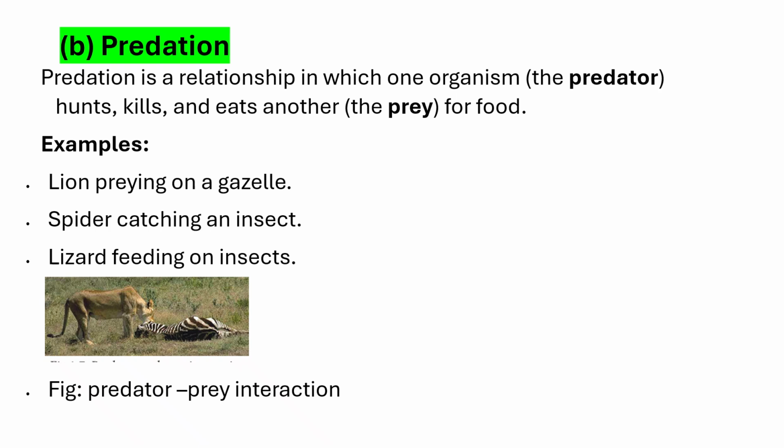For example, a lion killing a gazelle, or a spider catching an insect. The predator's food is the prey. Here you see the lion has already killed the gazelle and is eating it.